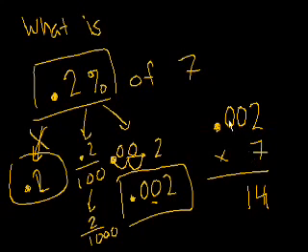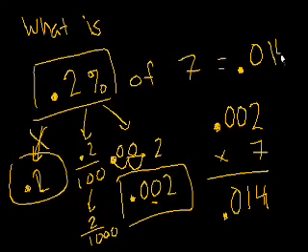And how many total digits do we have behind the decimal point? Let's see. It's 1, 2, 3. So we need 3 digits behind the decimal point. So 0.2% of 7 is equal to 0.014. And you're probably thinking, boy, that's a really, really small number.